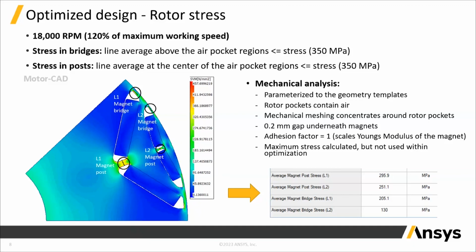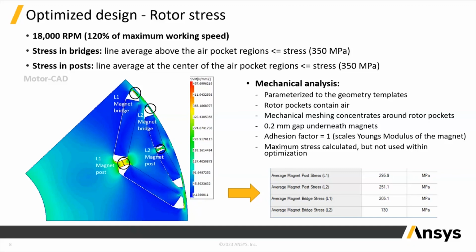And a bit of an overview of the analysis. This is a linear FEA analysis in ANSYS Motorcad. It's very fast, so it can be done as part of an optimization. It's parameterized to the geometry as we vary it. And we're applying some simple techniques: moving the magnets to the top surface so there's a contact, filling with air, and setting an adhesion factor.